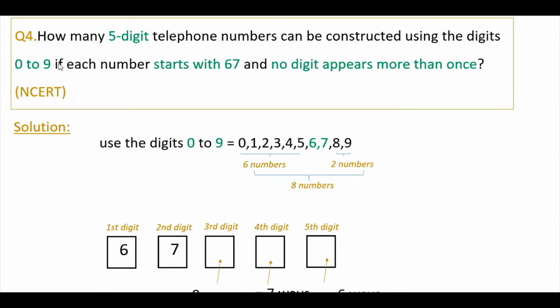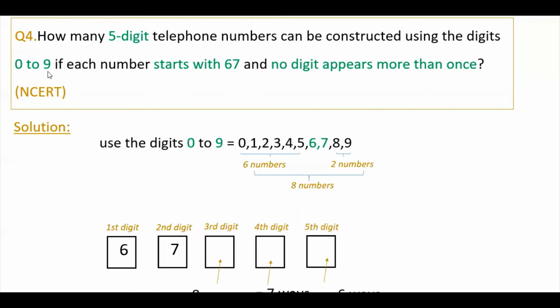This is another problem. How many 5-digit telephone numbers can be constructed using the digits 0 to 9 if each number starts with 67 and no digit appears more than once? So here there are 3 conditions. First one is a 5-digit telephone number you have to make, using the digits 0 to 9.